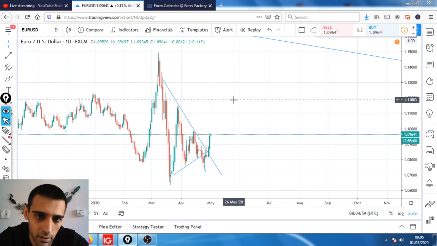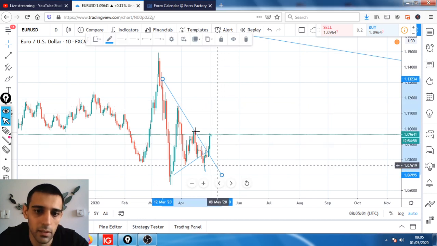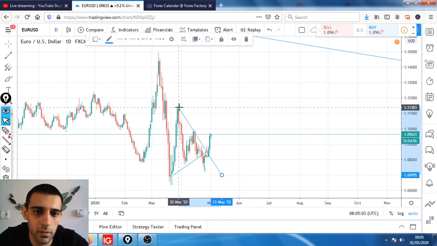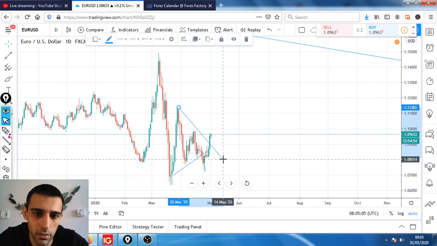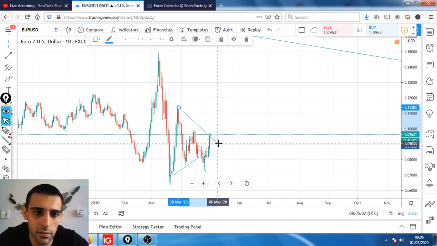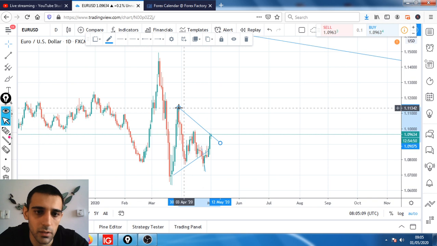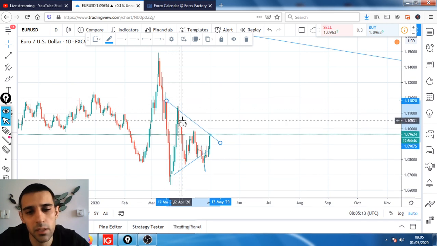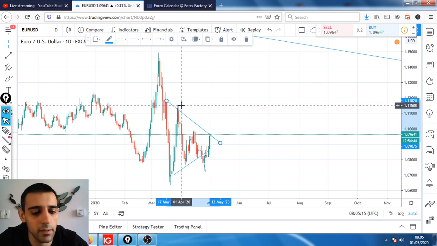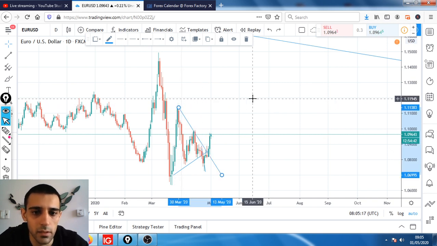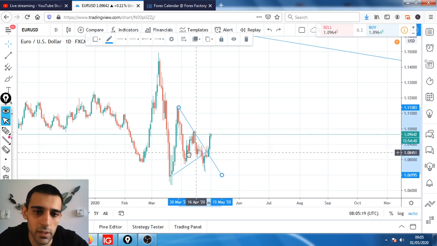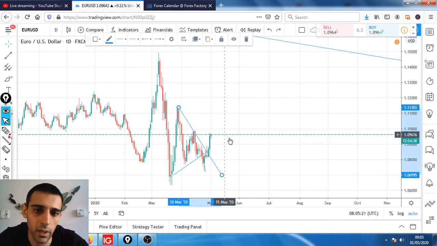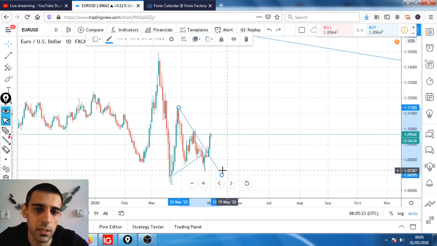Actually, this is forming another wedge, isn't it? Okay, let me put this. Looks like it's forming, okay, no, it's not forming the wedge. It looked like it was forming another wedge pattern, but no, it's not. Let's bring it down. We had this wedge pattern before, and it has broken out of this pattern in here.